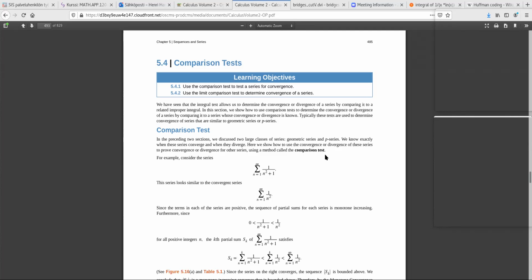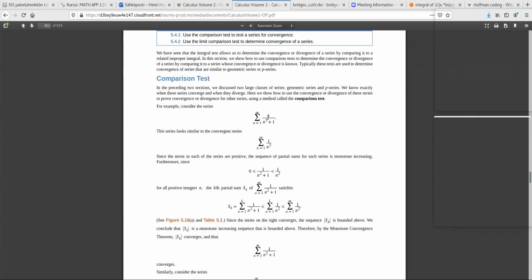As we take longer and longer partial sums up to some limit, whatever we get will be an increasing sequence. On the other hand, we see that every term in the first sum, 1 over n squared plus 1, is strictly smaller than a term in this second sum, which is 1 over n squared.